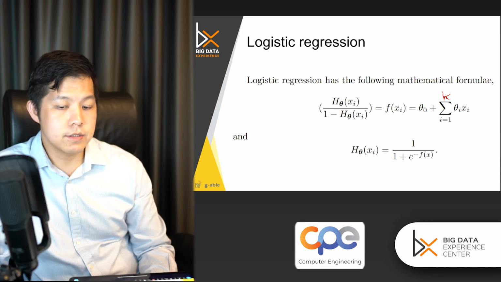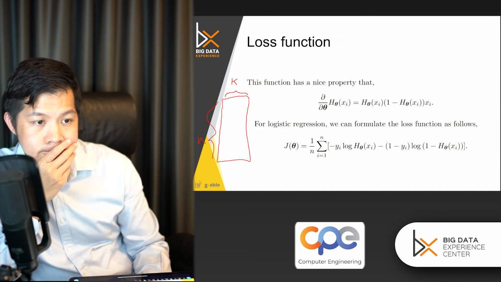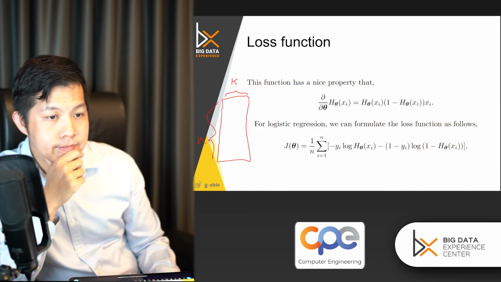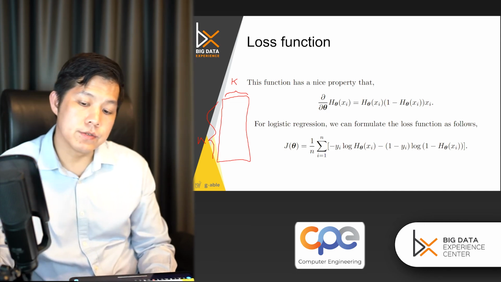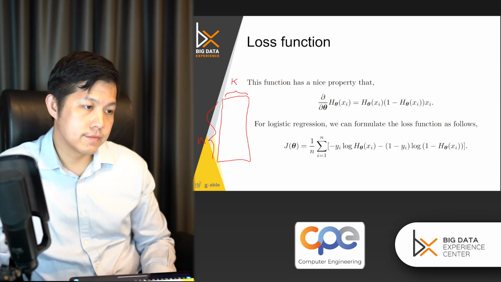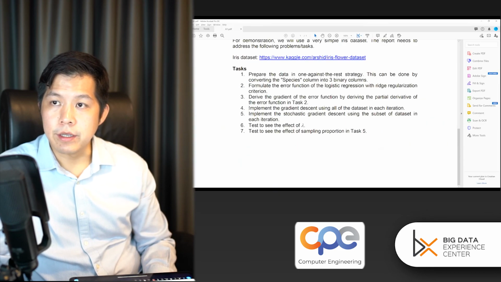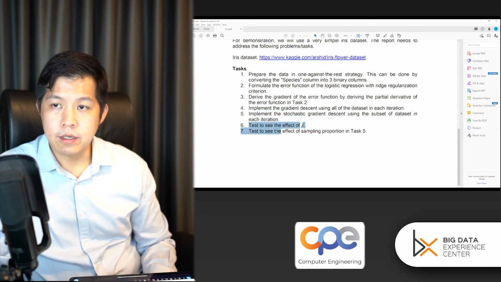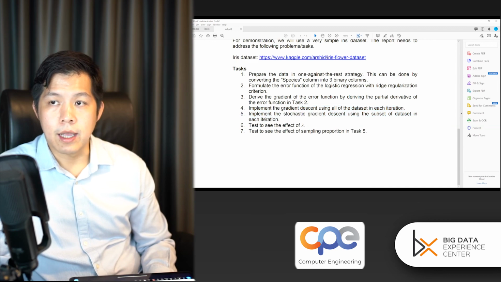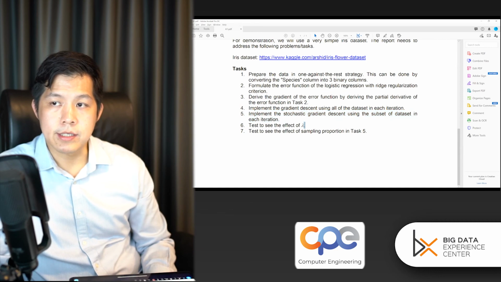Any more questions? Implement and test using code? Yes. Implementation here is coding. Test also means once you implement these algorithms, actually I would say just implementing number 5, then you can test the parameter, you can test the effect of lambda.